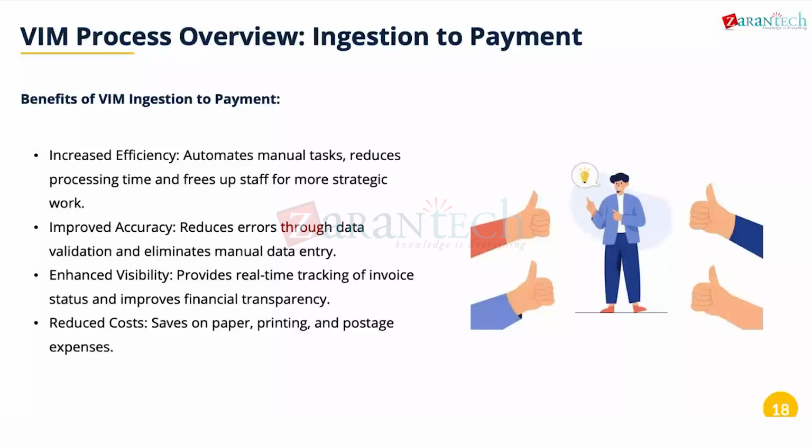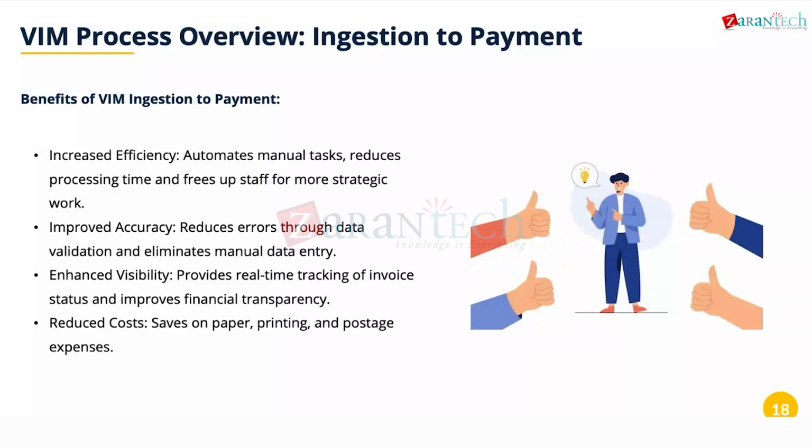One is increased efficiency. How is the efficiency increased? Automate manual tasks like typing the data, data entry, or pre-filling some of the data into the SAP screens. For example, you want to pre-fill the tax code for a specific set of vendors.